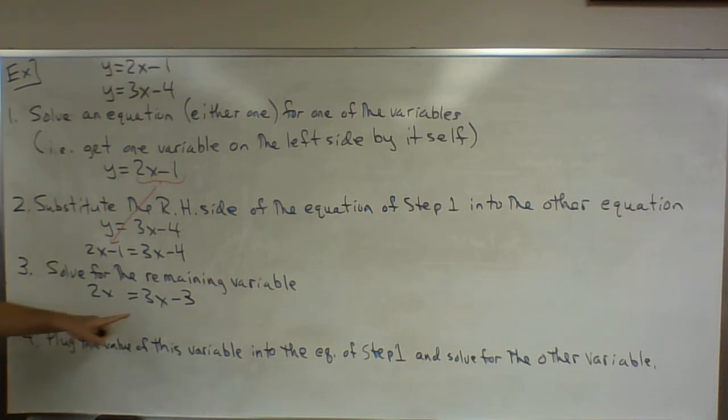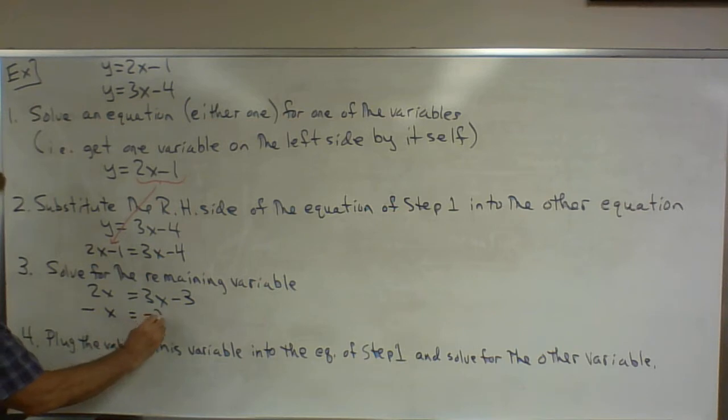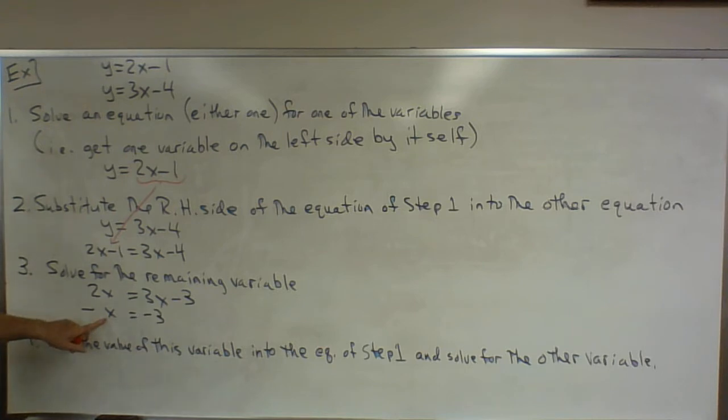Next, I'm going to move this 3x to the left. I'm going to subtract 3x from both sides. 2x minus 3x is negative x. Have I solved for x yet?